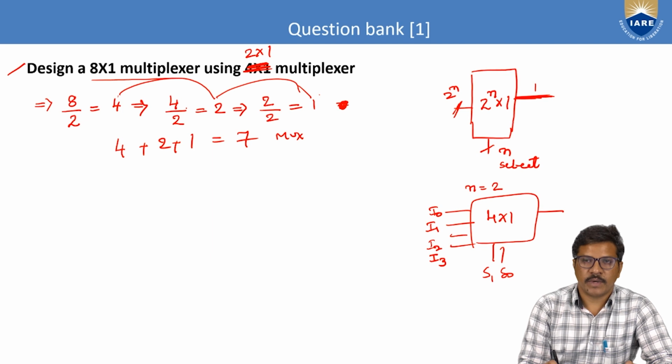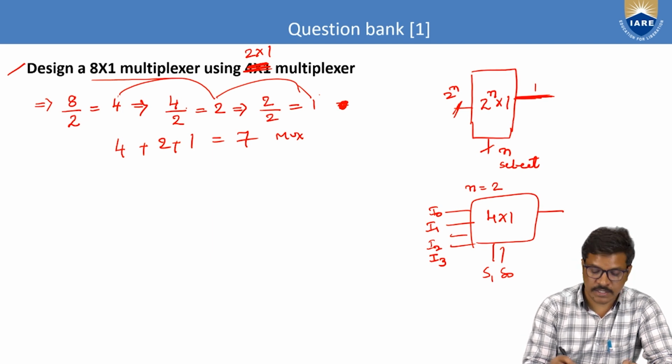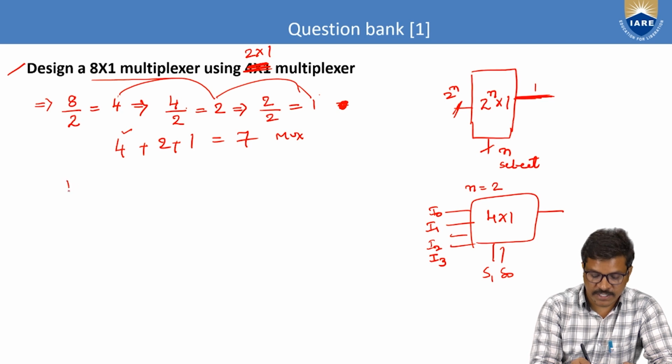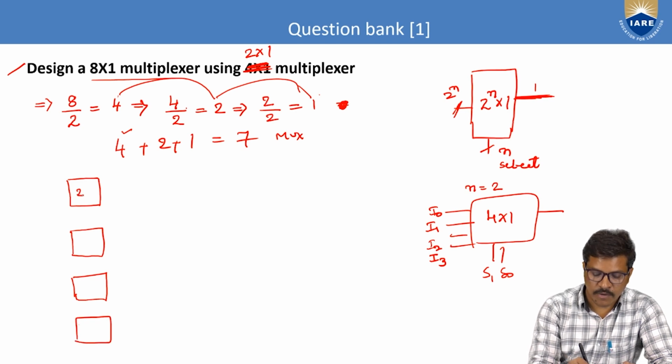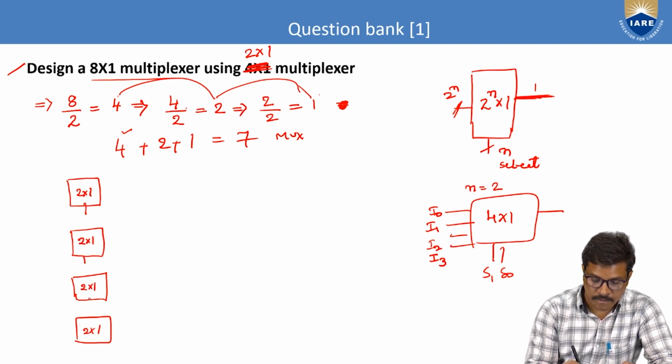Let us see how these 7 multiplexers are used to design an 8 by 1 multiplexer using 2 by 1 multiplexers. The first level is 4 2 by 1 multiplexers. A 2 by 1 multiplexer means one select line and two inputs.